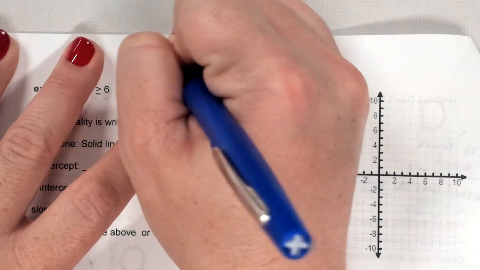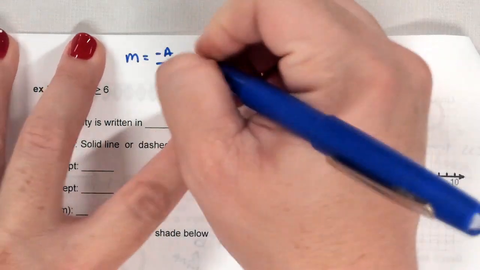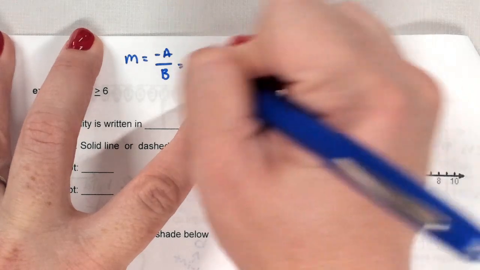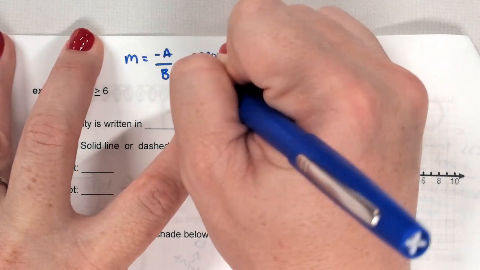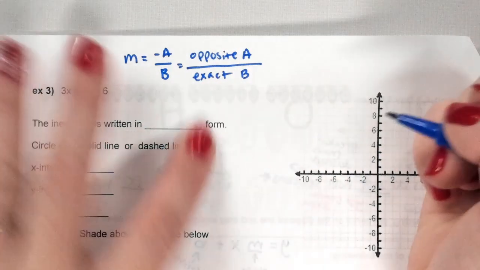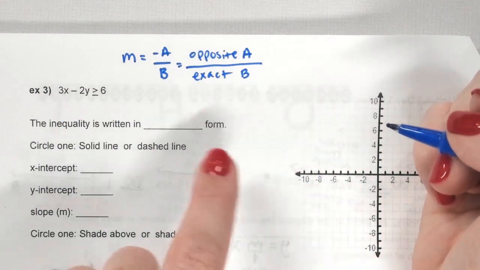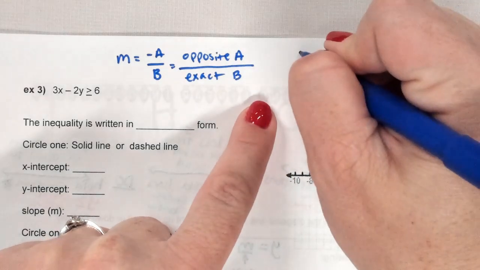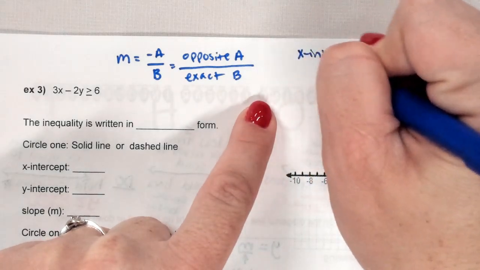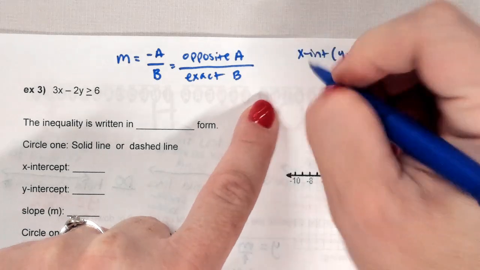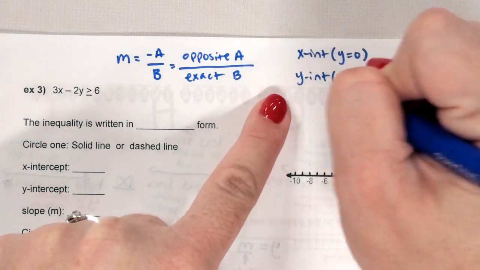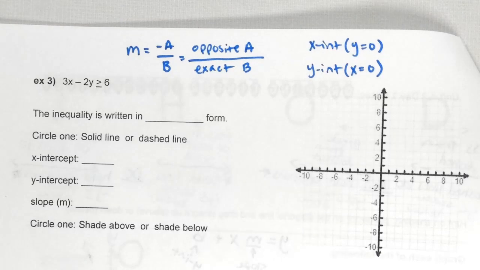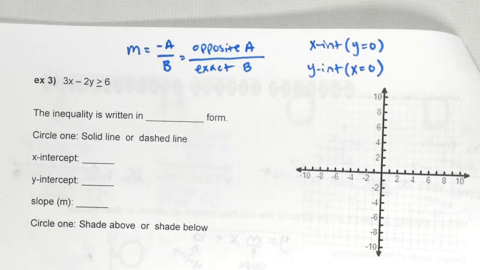It's your opposite a over exact b. Okay, that's something to remember. Also, to find an intercept, remember you just plug in. So for x-intercepts, y is 0, and for y-intercepts, x is 0. So those are the things that you need to remember about standard form.